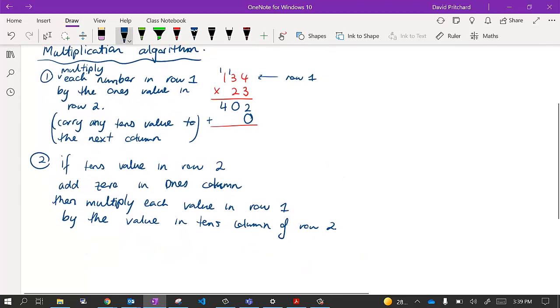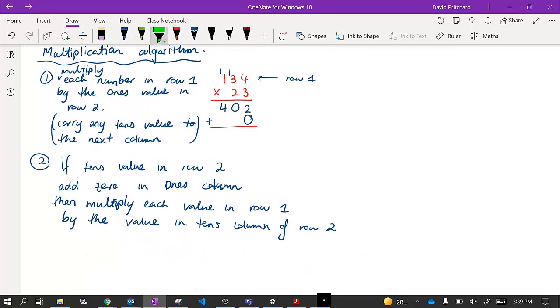Okay, so this is our value that we're talking about, our 2. So we have 2 times 4, which is 8. Of course, if there is any carry-on values, we have to carry it. So carry any tens value, just like before. Let's get rid of these. So cross them out. We know that they're not important. 2 times 3 is 6. 2 times 1 is 2.